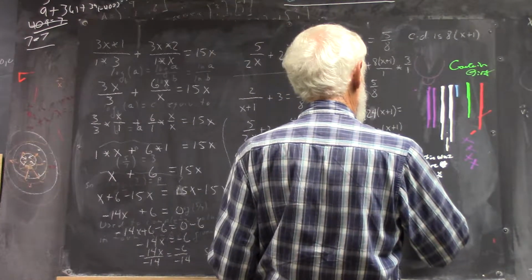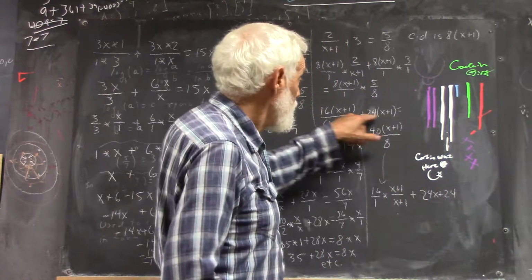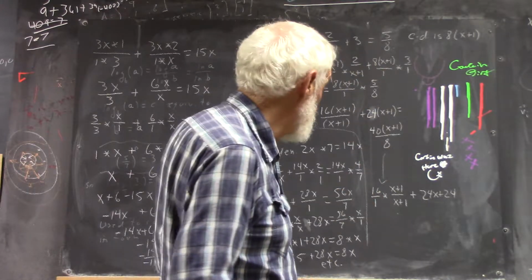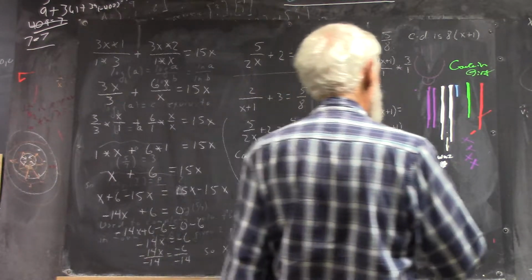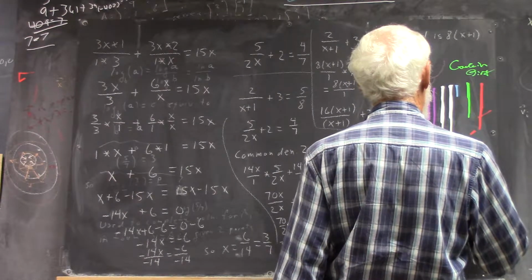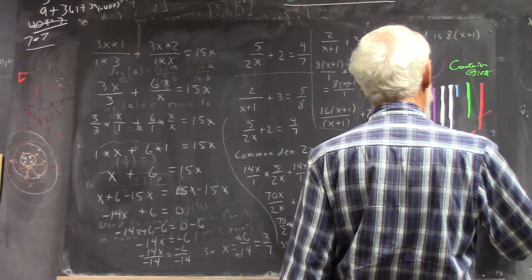Okay? Then we get 24x plus 24, because all I've done is use the distributive law here. I can get that out of the way. And then this equals 40 over 8 times x plus 1 over 1.